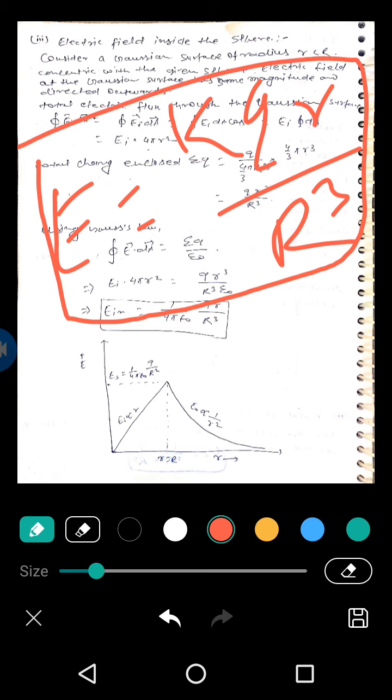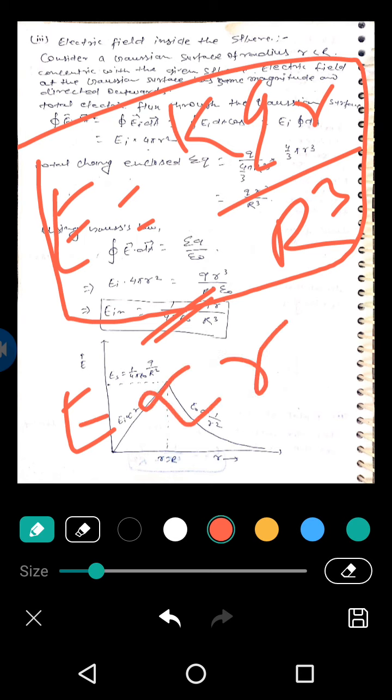Now we have to plot the graph between the electric field and the distance from the center. The electric field inside follows this relation: E equals kQ small r upon capital R cube, and capital R is constant. That's why inside the sphere, electric field E is directly proportional to r.